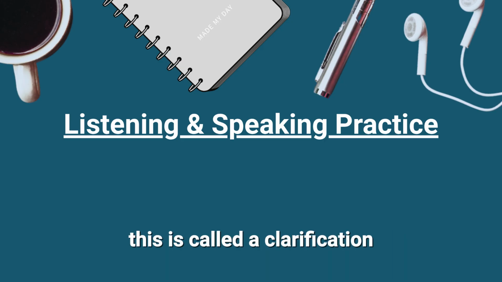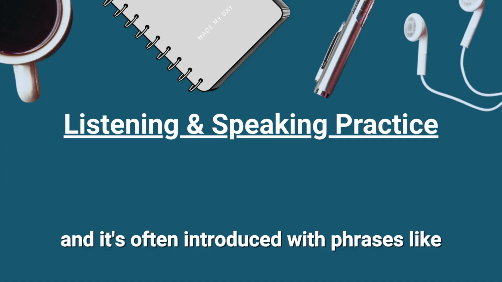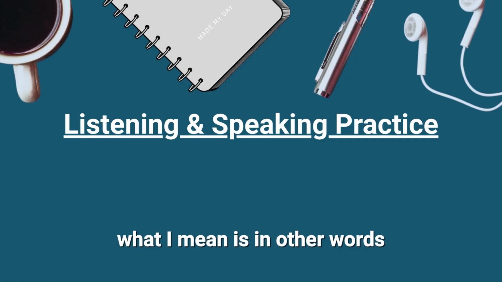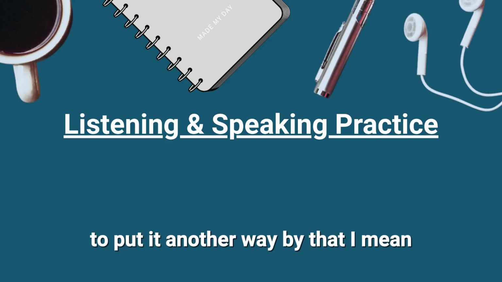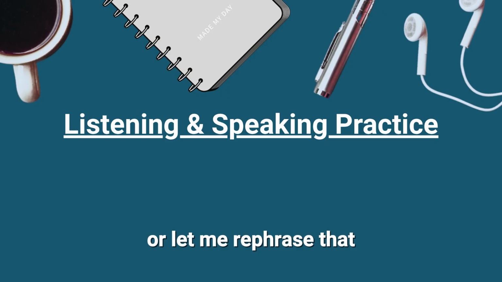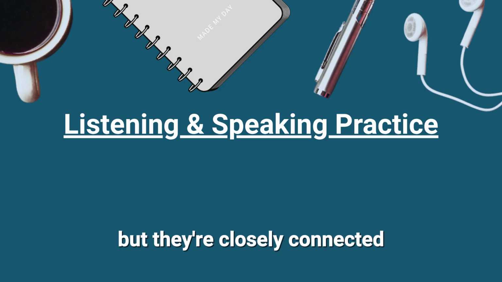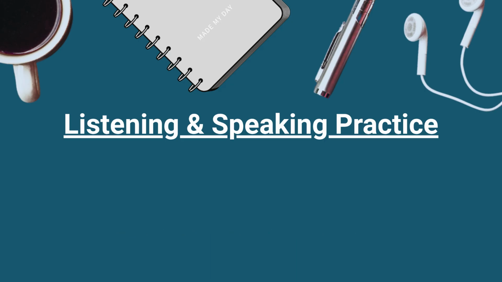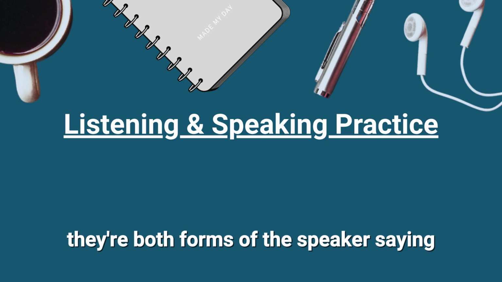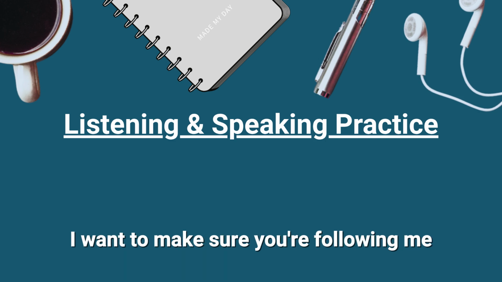This is called a clarification, and it's often introduced with phrases like, "What I mean is," "in other words," "to put it another way," "by that I mean," or "let me rephrase that." These are slightly different from example signals, but they're closely connected. They're both forms of the speaker saying, "I want to make sure you're following me."